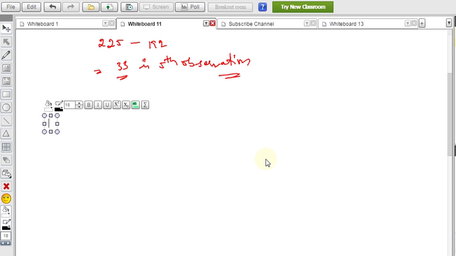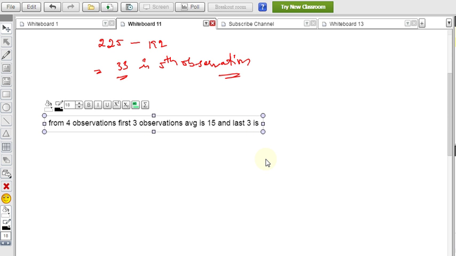For example, out of 4 observations, the average of the first 3 observations is 15 and the last 3 is 16.